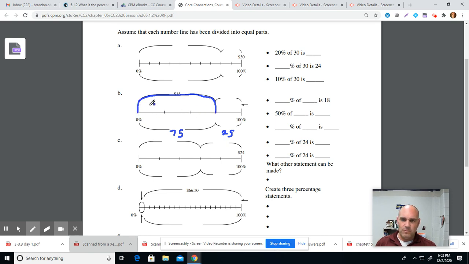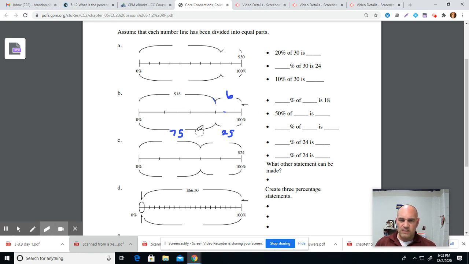So that means that every piece must be worth 6. And remember, when we do this, all the chunks are equal. So that means that chunk is 6 also. Take this off so you can see that a little better. So that means that 6, 6, and 6 gives me that 18. Here I only have one chunk, so that number there has to be 6. All right, get these out of here.